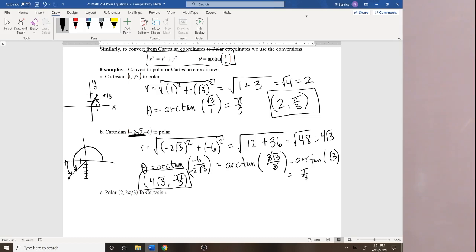So I have to do a couple things here to my answer, right? Because 4 root 3 and pi over 3 puts me right here.